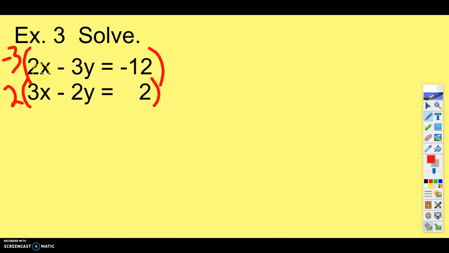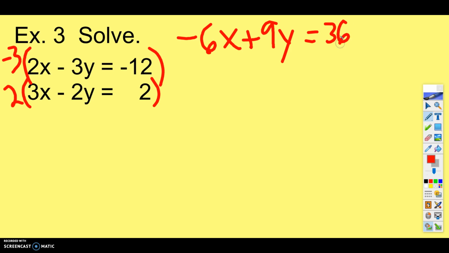I'm trying to get a 6x and a negative 6x. So I multiply the top by negative 3 and I'll get negative 6x plus 9y equals 36, right? Positive.